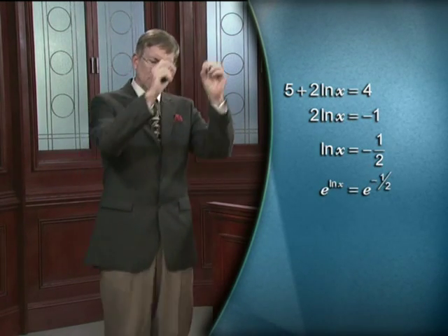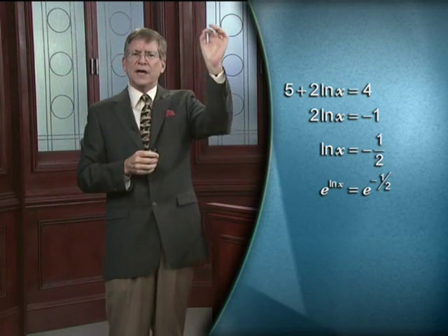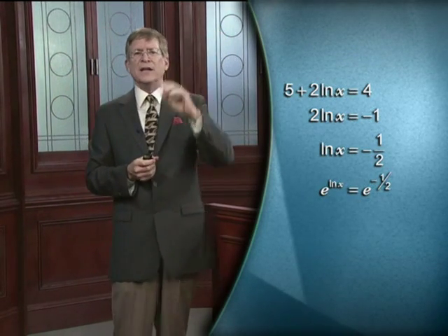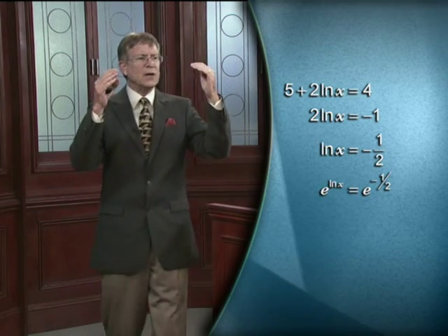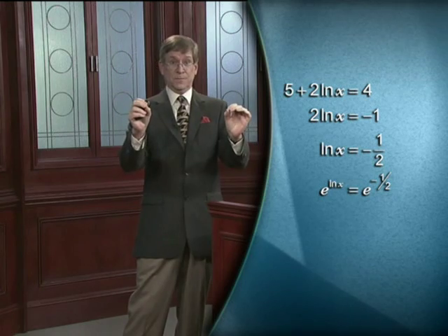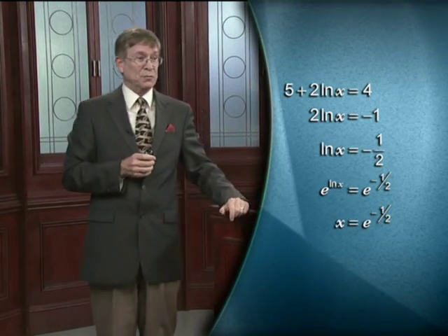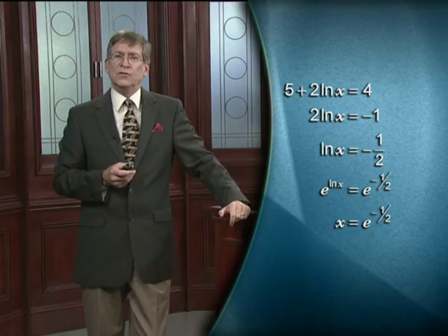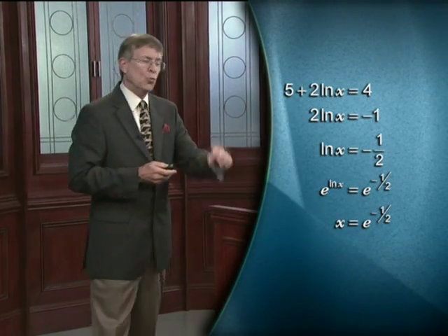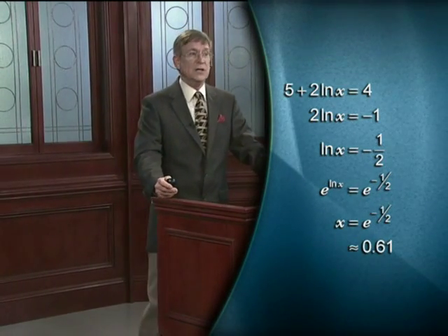In other words, e to the left-hand side and e to the right-hand side. So it's e^(log x) = e^(-1/2). Both sides have been raised to the power with e being the base. And now e^(log x) is just x by inverse properties, and I have x = e^(-1/2), which if you punch on your calculator, you'll discover is about 0.61.